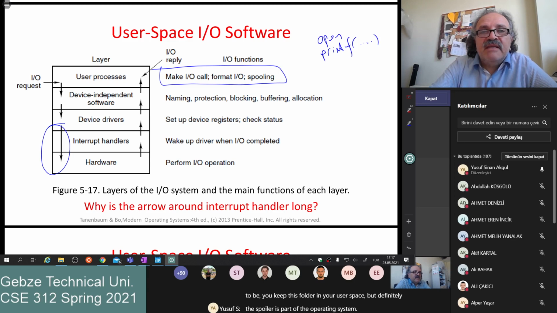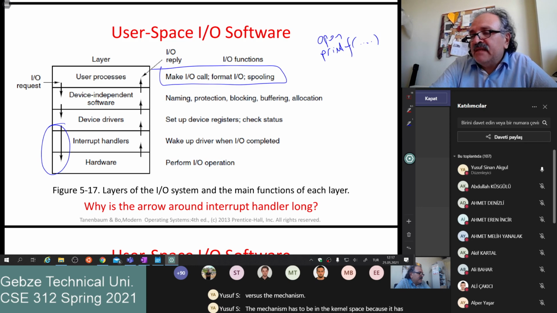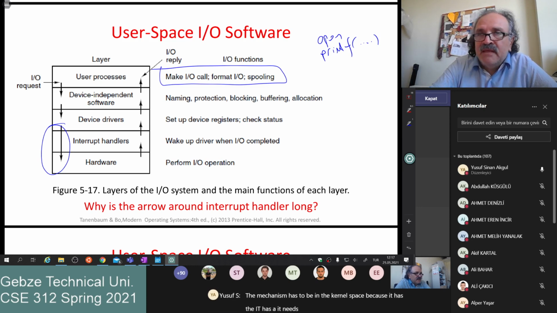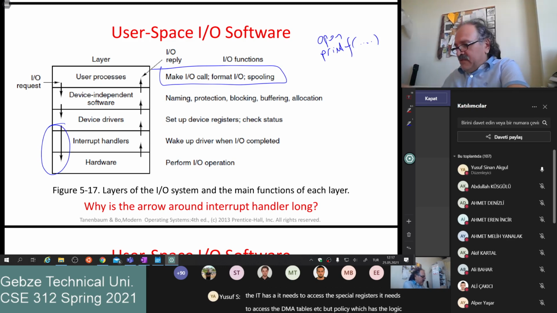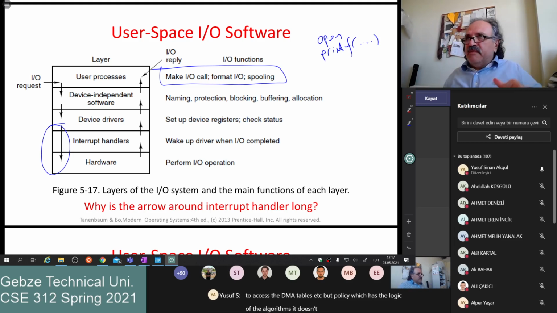And we have many things like that, okay? Remember the policy versus the mechanism? The mechanism has to be in the kernel space because it needs to access the special registers, it needs to access the DMA tables and so on. But policy, which has the logic of the algorithms, doesn't have to be in the kernel space.